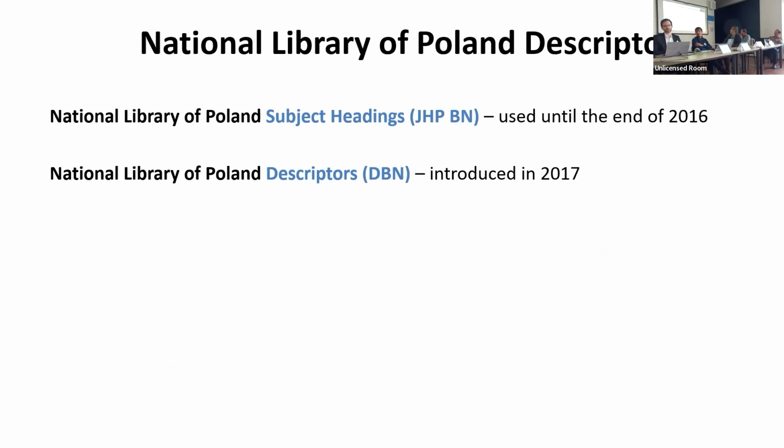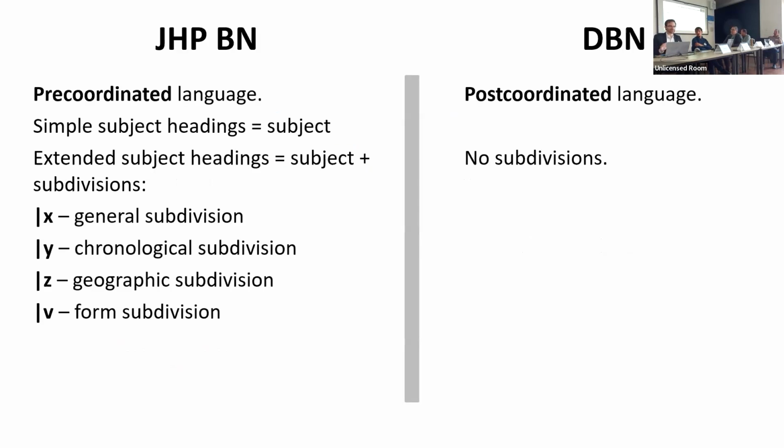So JHP is the former, DPN is the latter, introduced in 2017. The main difference between the two is that National Library of Poland subject headings, so JHP, was a pre-coordinated language, which consisted of simple subject headings, so subjects, and extended subject headings consisting of subjects and subdivisions, based on MARC 21 format, X, Y, Z, and V subdivisions.